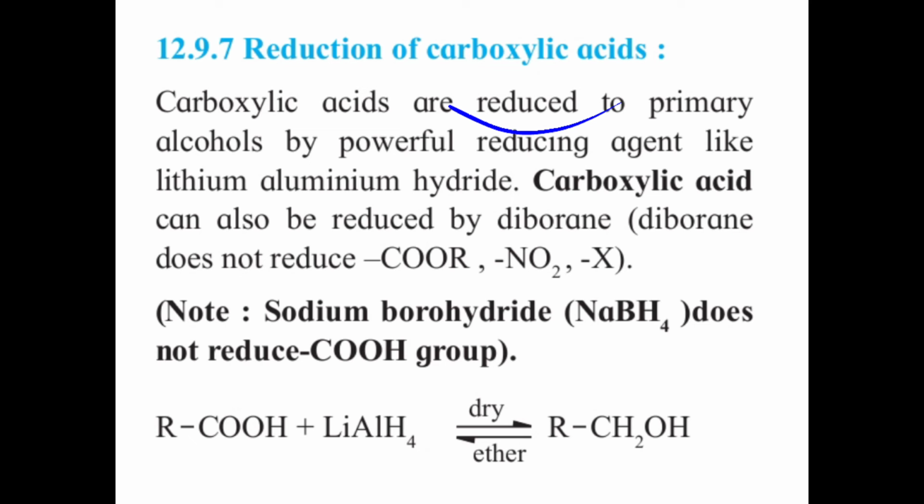Carboxylic acid on reduction gives alcohol. After reduction of this acid in the presence of LiAlH4, the reducing agent, the hydrogen is given as a hydride by lithium aluminum hydride, and you get the reduced product. So acid on reduction gives alcohol. We have already done this, right?